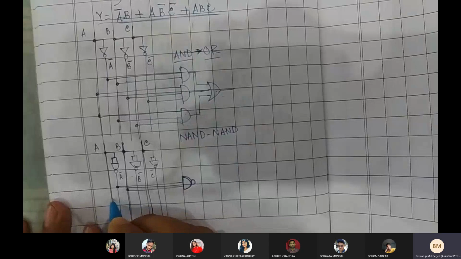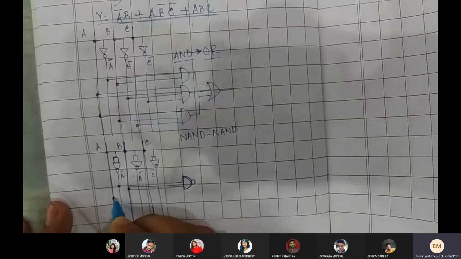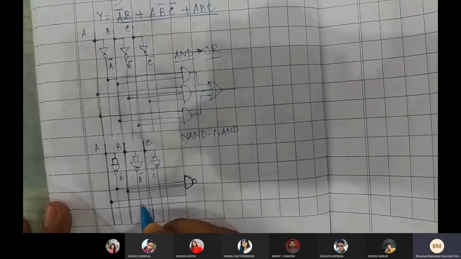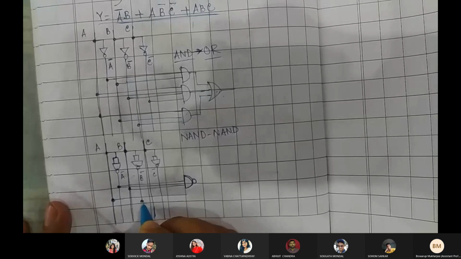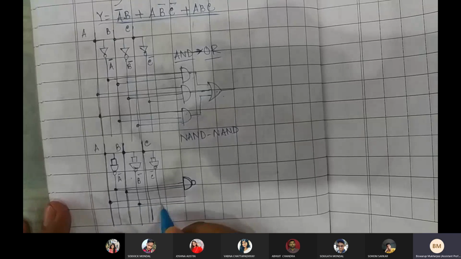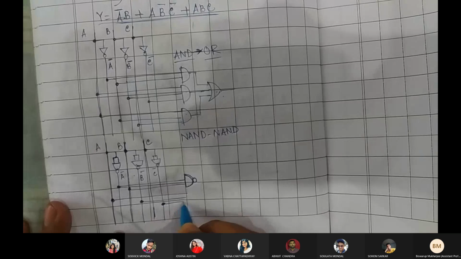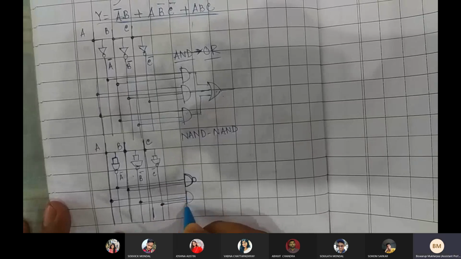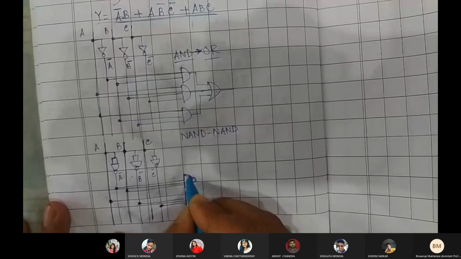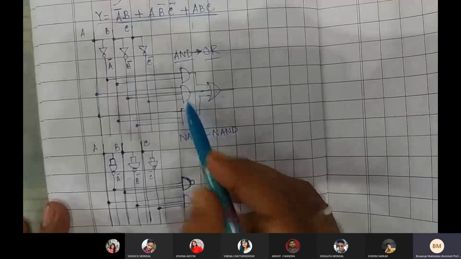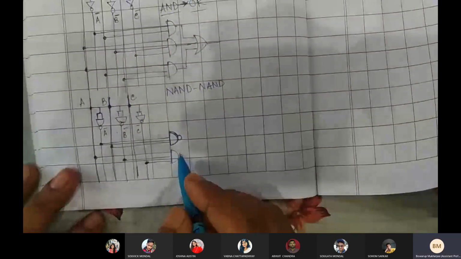So we'll again draw the same as it is, A followed by B bar, followed by C bar. Again drawing the same NAND. Directly, instead of AND, we are drawing the NAND. And the last one is ABC.